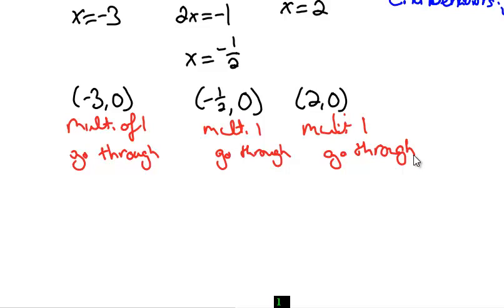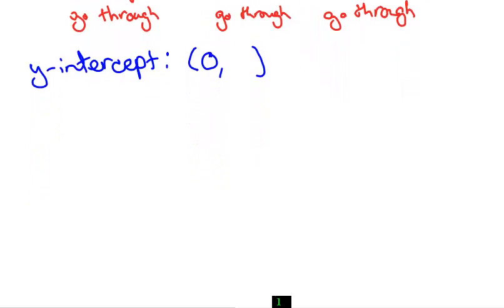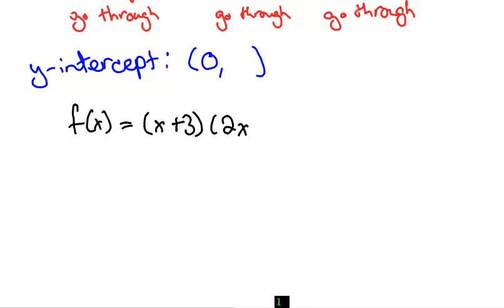Okay? The last thing that we need to find is our y-intercept. Remember that for the y-intercept, that is going to be 0, comma, a number. So we're plugging in 0 into our function. So I originally have f of x equals x plus 3 times 2x plus 1 times x minus 2. I'm going to plug 0 in for my x.